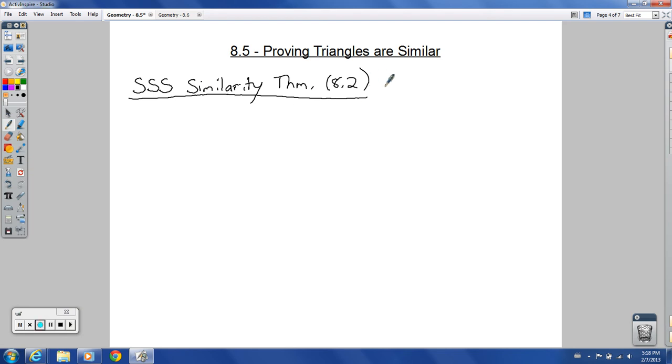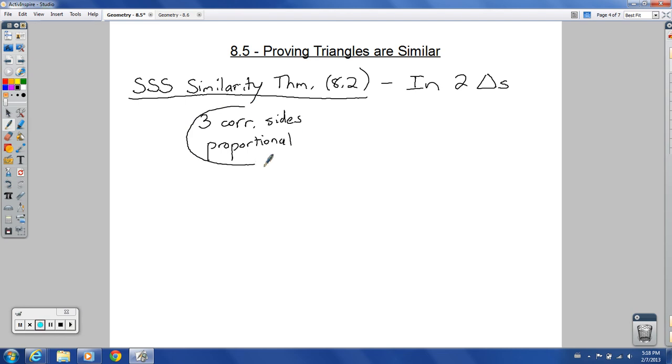This is what the theorem says, and it's very similar to the side, side, side congruence postulate. I can't remember if this book called it a postulate or a theorem off the top of my head, but in two triangles, if you have three corresponding sides that are proportional, notice not congruent but proportional, if this is true, that implies, we can draw implies like that.